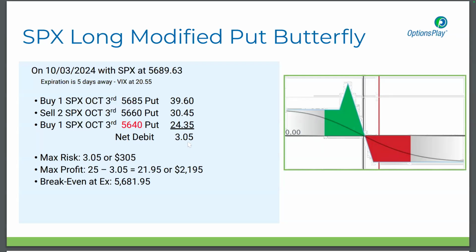It's going to cost me about, let's call it 70 cents to go from the standard butterfly to the modified butterfly. And to me, that's worth it, because I'm going to pay an extra 70 cents up front. But if the market blows through my short strike, I've got the potential to make $1.95 on the back end. And it just makes me more comfortable being in the trade overall. All right.